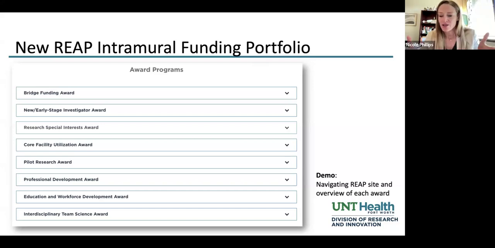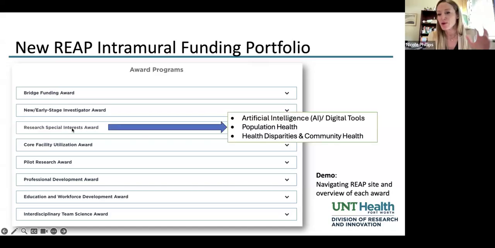Looking at these, there are 10 different mechanisms now. If you just count here, I think you'll see 8, but there are actually 3 embedded here within this research special interest. Some of these will sound familiar to you, most of them will, some of them are new. We'll spend a little time talking about each one by one, at a very high level. We don't have enough time to dig into the nitty gritty.